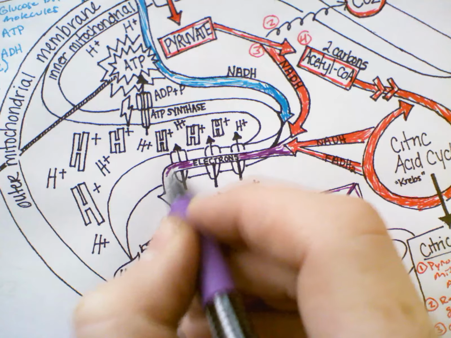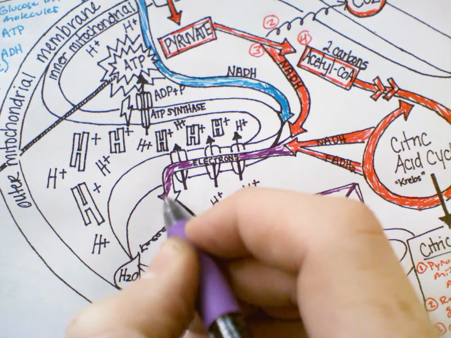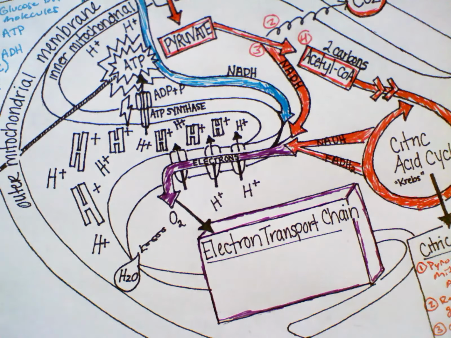Your book did a really good job of showing what this mechanism looked like. And I meant to have this pulled up. But the electron transport chain is made out of this series of proteins that are embedded in the membrane of the mitochondria. Here we go. That's what I was looking for.